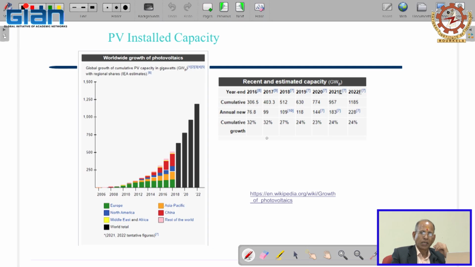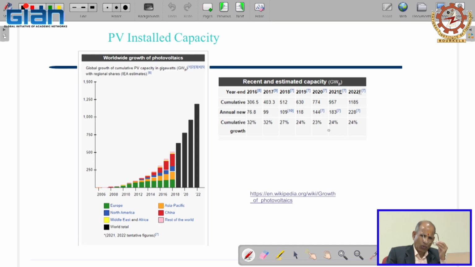If you see the cumulative growth rate in photovoltaic systems worldwide, from 2016 until 2022, the growth rate has been like 32%, and on the lower side 23%.